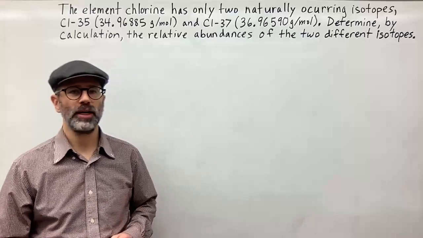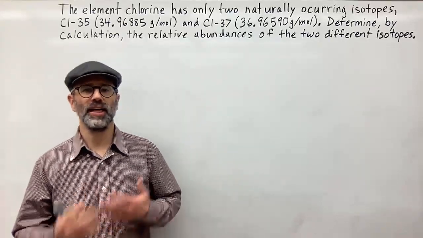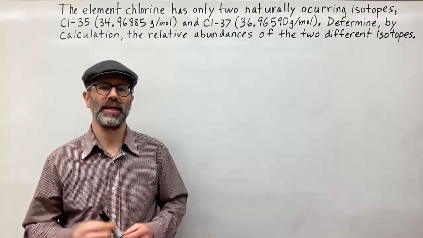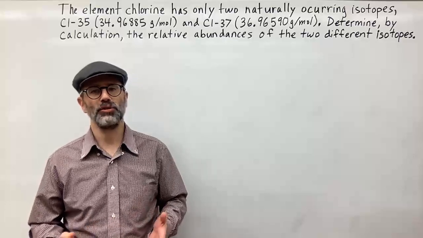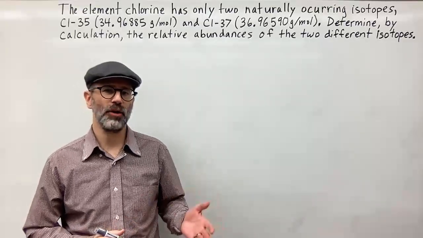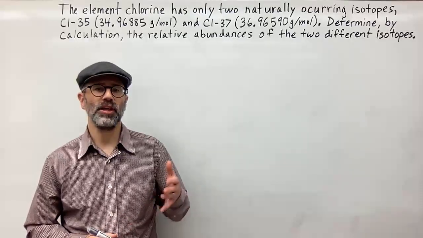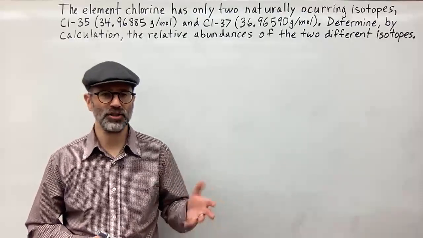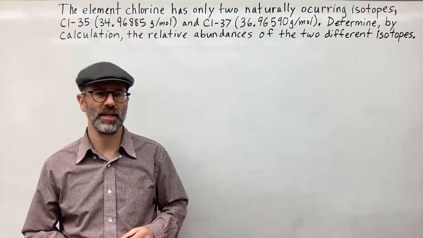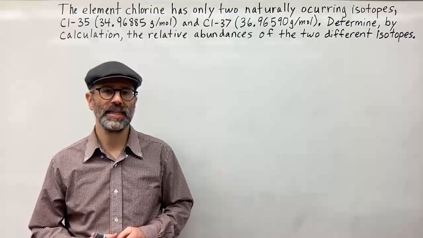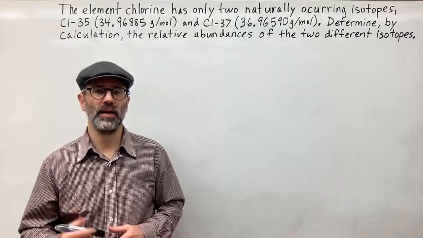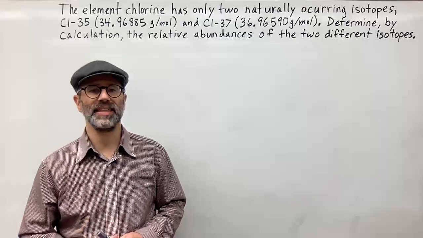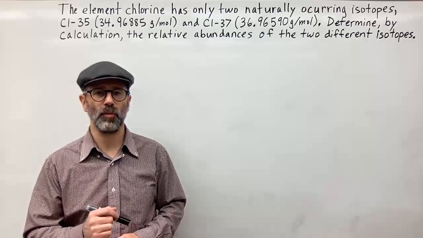So in this problem, they let us know that the element chlorine has only two naturally occurring isotopes. You have Cl35, and they give you the atomic mass, or the molar mass, in this case 34.96885 grams per mole.